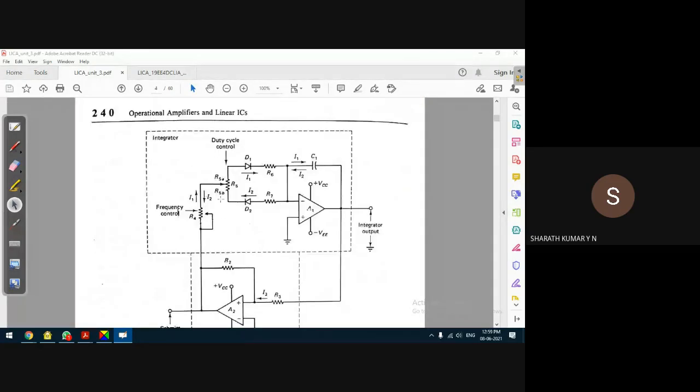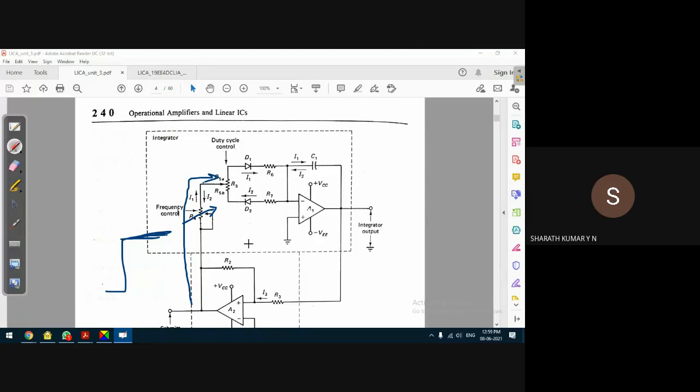Let us say, for example, the output of the Schmitt trigger circuit is in positive saturation. That means the output of the Schmitt trigger circuit is positive. Now what will happen is this current, that is the output of the Schmitt trigger circuit, current I1 flows through this circuit, that is R4, which is again a potentiometer, a variable resistance.